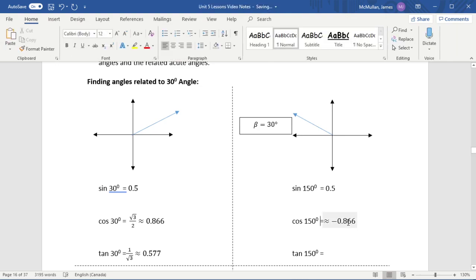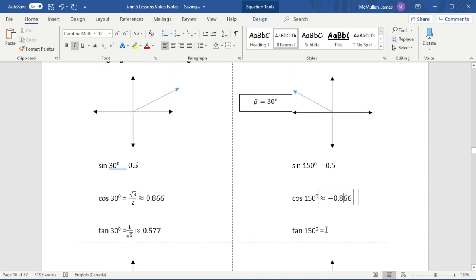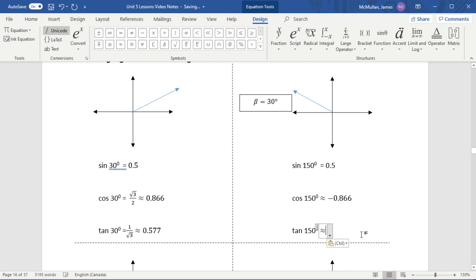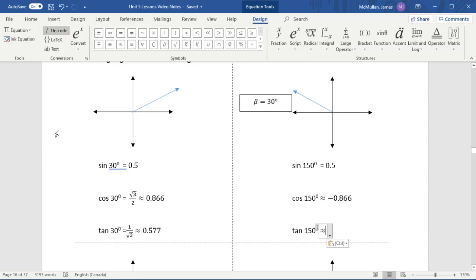I get the same answer I got in quadrant 1, but it's negative. We don't know why it's negative yet, but we'll get there. For now, recognizing that they're the same number is really important. For tan of theta, I get negative 0.577.